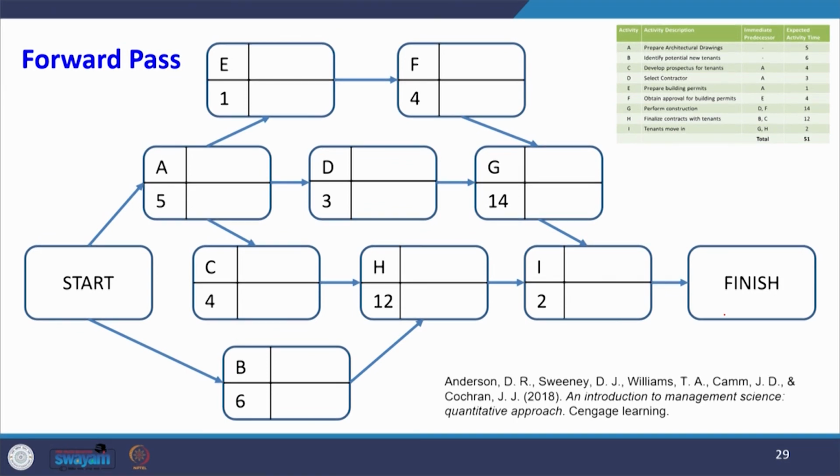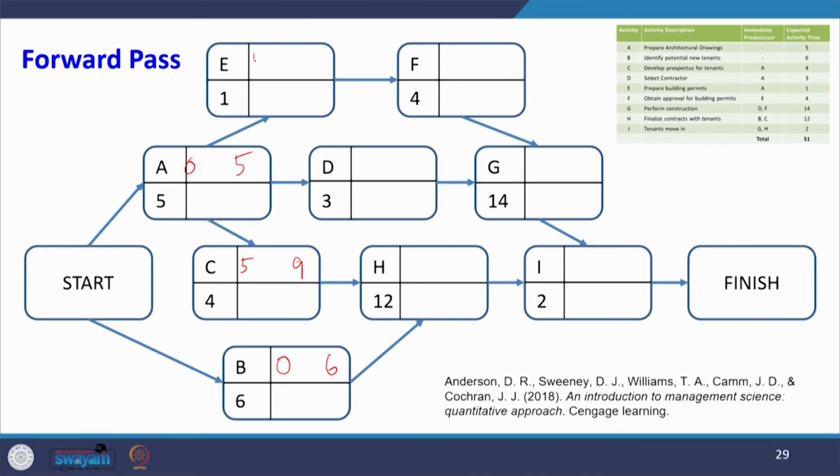What I am going to do now is write all the earliest start times and earliest finish times at a stretch. A does not have any predecessor, so it is 0, and B also does not have any predecessor, so it is 0. So, 0 plus 5 is 5, and 0 plus 6 is 6. The earliest finish time of activity A will be the earliest start time for activity C. So, 5 plus 4 is 9.